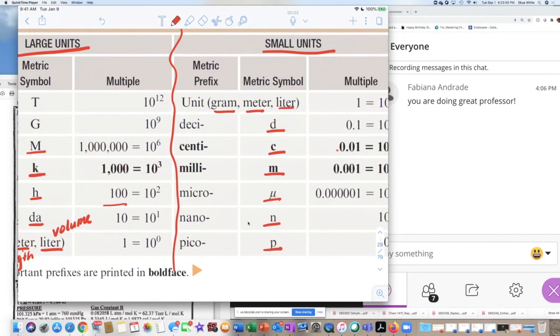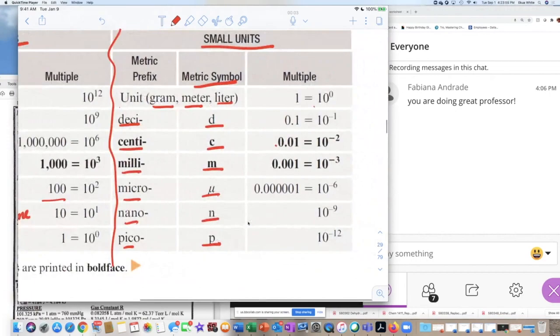So remember, with the prefix, you have the name of the prefix, or you have the symbol, or the actual value, okay? And these names or these symbols represent these numbers.